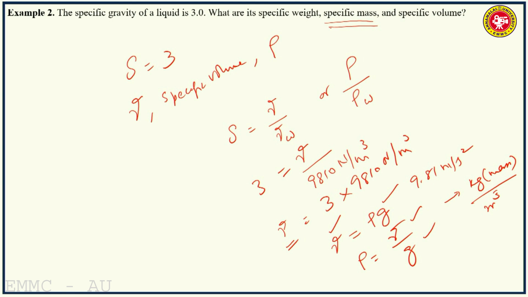Okay. Then specific volume. So specific volume of a liquid, how is it defined? Specific volume of a liquid is defined as the reciprocal of specific weight of the liquid. So specific weight we have already determined using this. So you can put 1 by gamma and report the result as so many meter cube per Newton, specific volume.